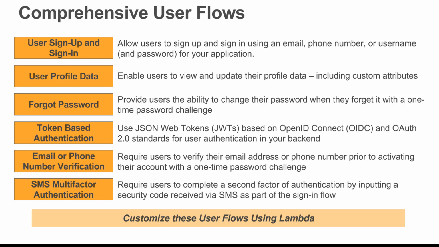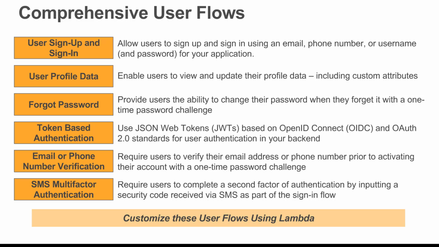I'll go through some of the flows here for end users. So it's a comprehensive set that can start with users signing up or signing in. Then you can also manage user profiles. So users have, you'll see later, a number of different attributes that can be populated in their profile, and those can be updated.